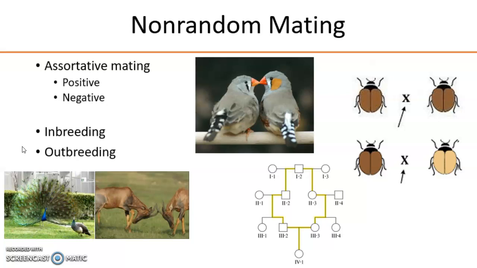This is great if you were breeding something like cattle or dogs and you wanted to make some prize animal. This is not so great when it comes to people, because every person carries recessive alleles, and when people in the family mate, the likelihood is that they carry these same recessive alleles, which may lead to a disorder or disease in their offspring, okay?